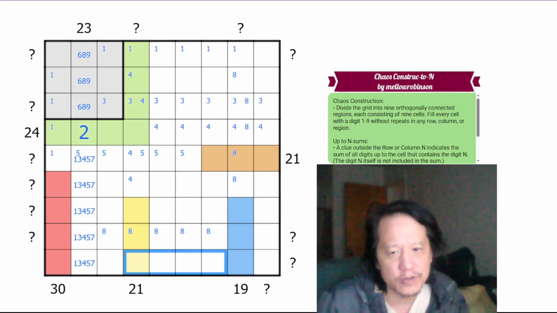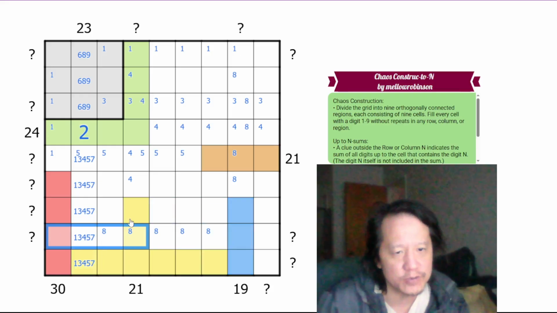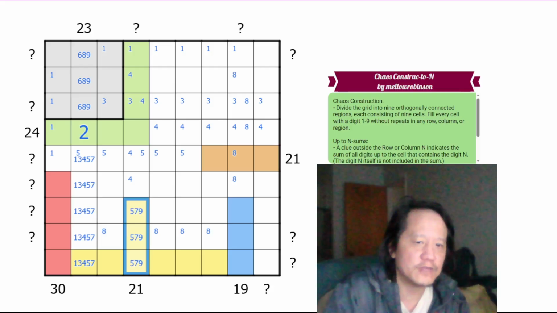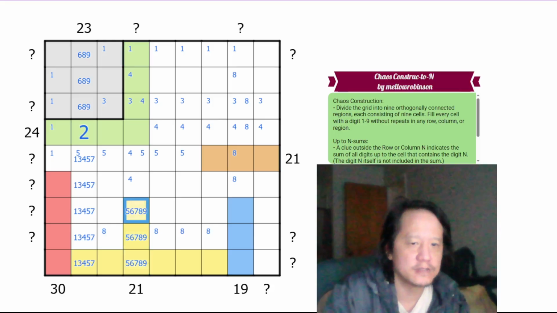So yellow either goes this way or it goes this way and connects to red or blue. Because if it doesn't, if it tries to go this way or this way, these form a region which is not connected. This has to be 3 digits then. So this cannot contain 4. It's either 579 or 678.